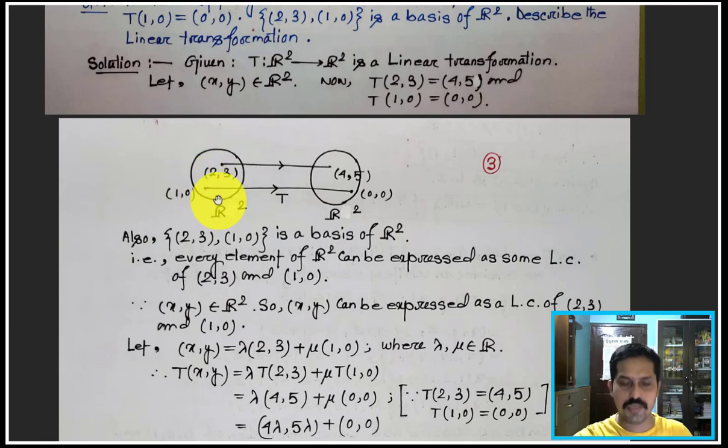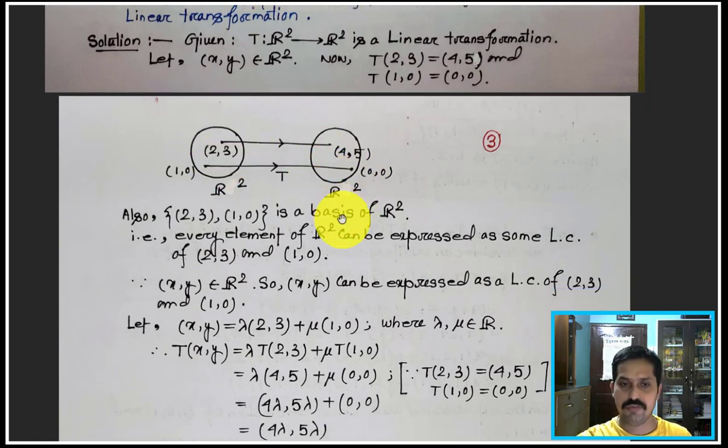I'm repeating: a basis is a set which contains elements that are mutually linearly independent, and by taking linear combinations of the elements of the basis, we can generate the whole domain or codomain set. Here the basis is a basis of R2, meaning these two elements can generate R2 completely.